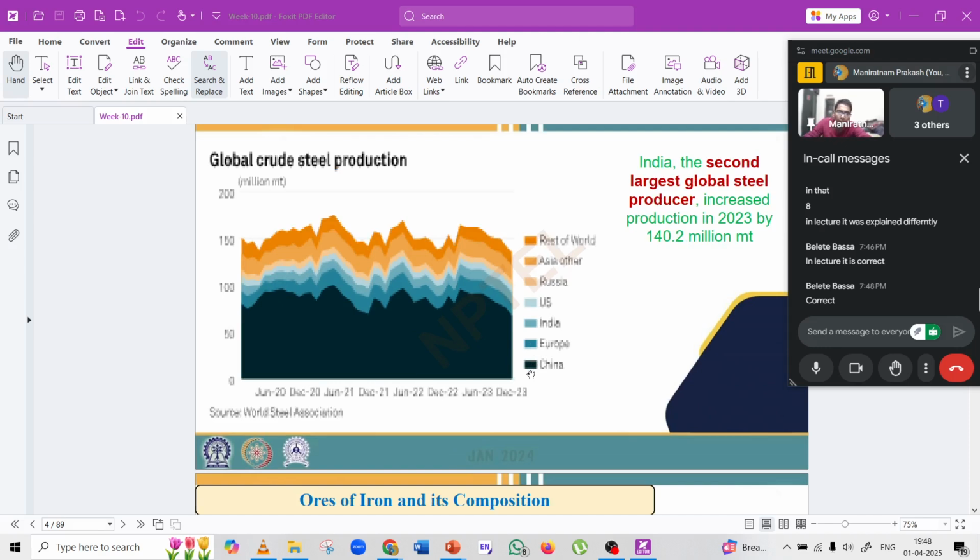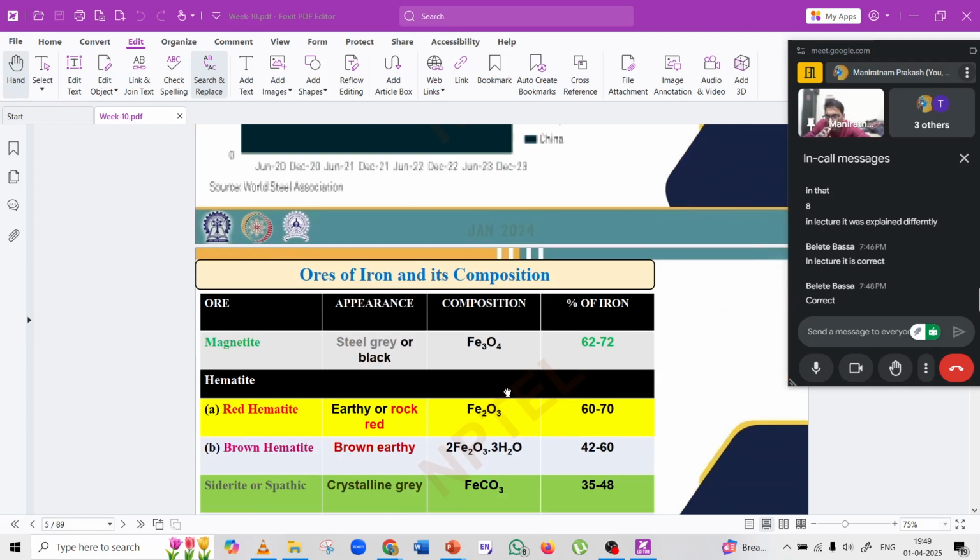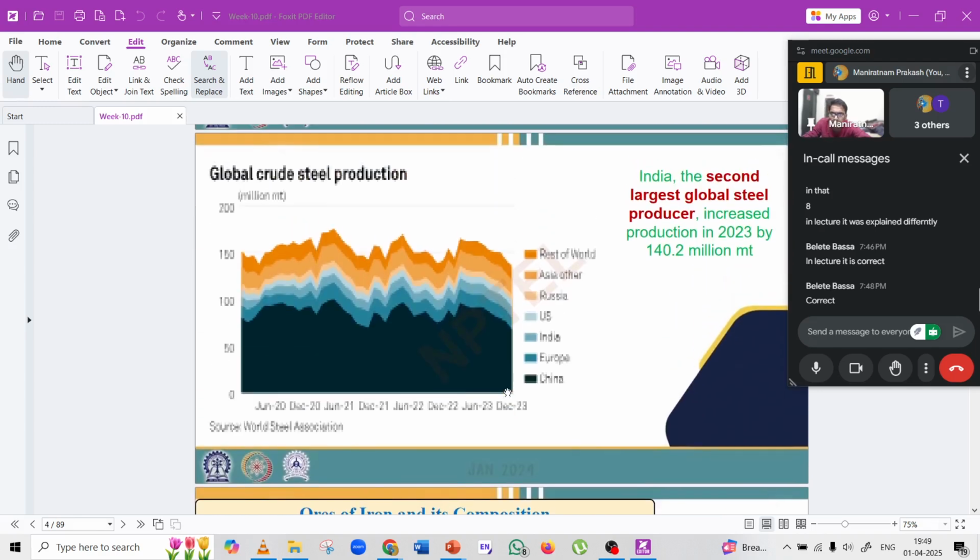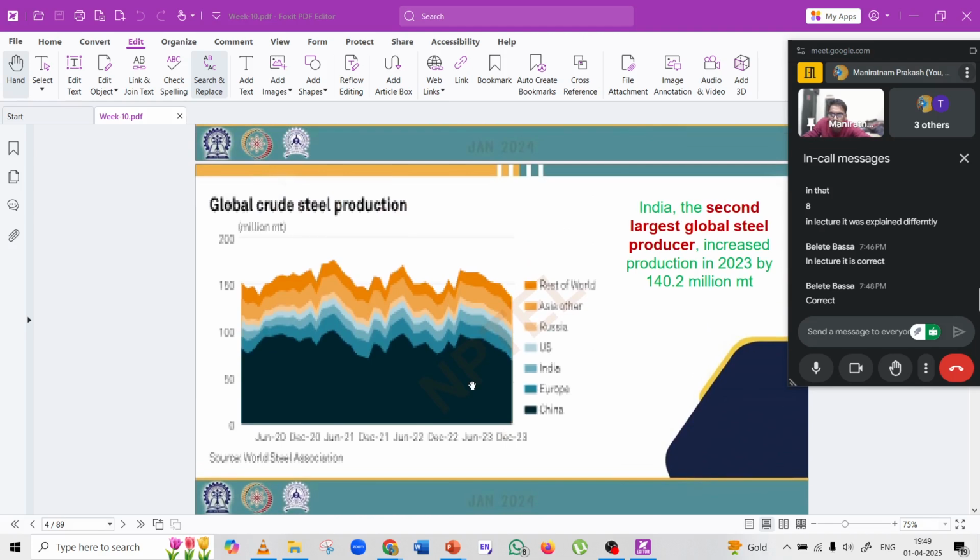If you read, India, the second largest global steel producer, increased production, is also mentioned here, 140.2 million metric tons. According to this graph, this is not the order. The upper one does not mean the highest producer.